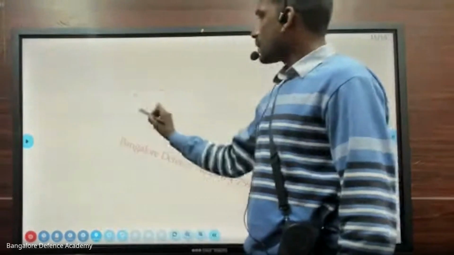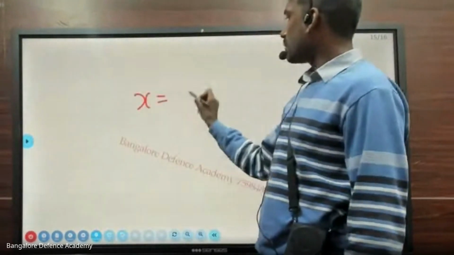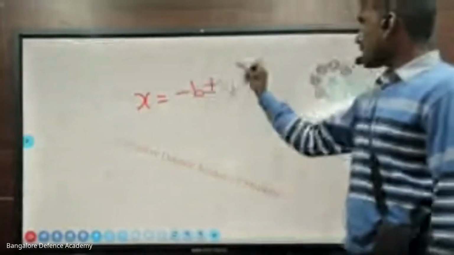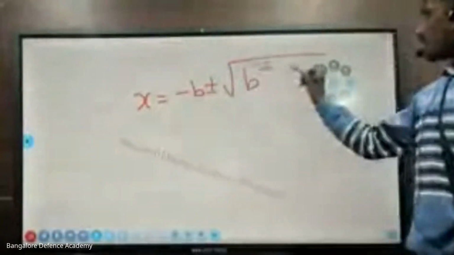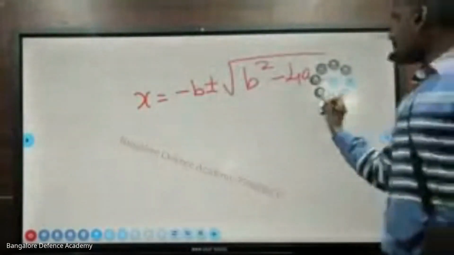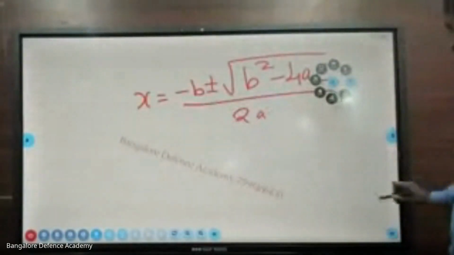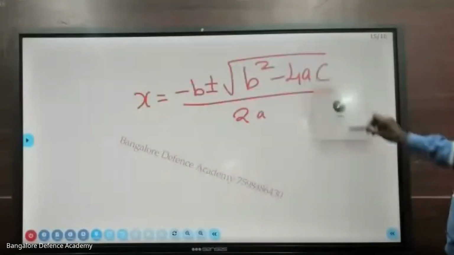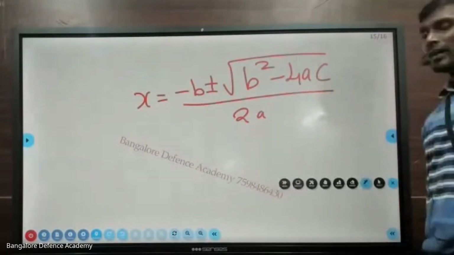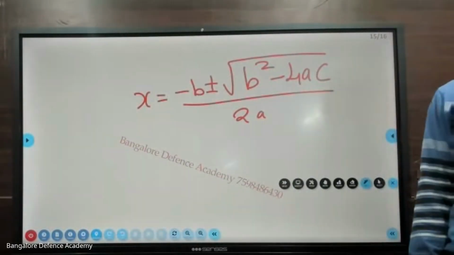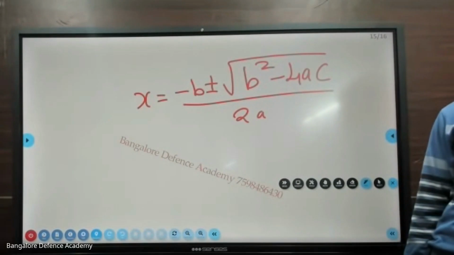Write out this formula: x is equal to minus b plus or minus root of b square minus 4ac divided by 2a. This is the formula to find the value of x. Plus or minus, write both.